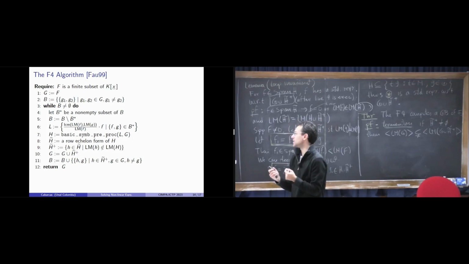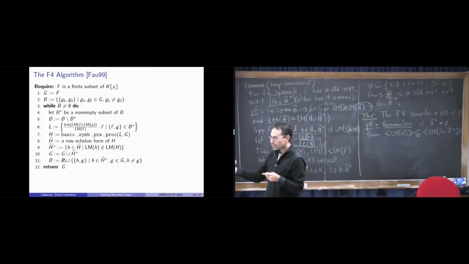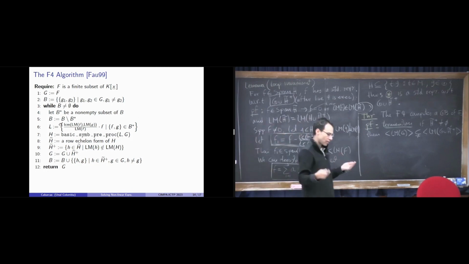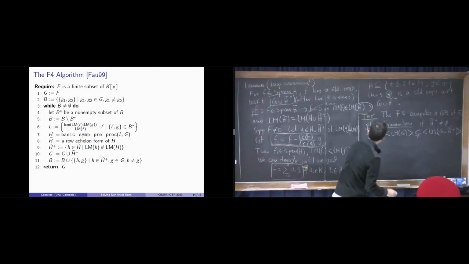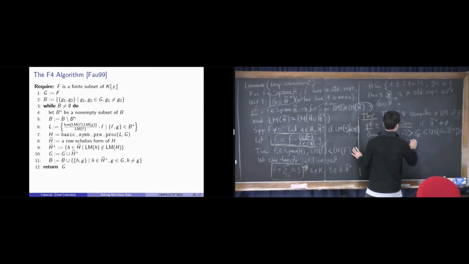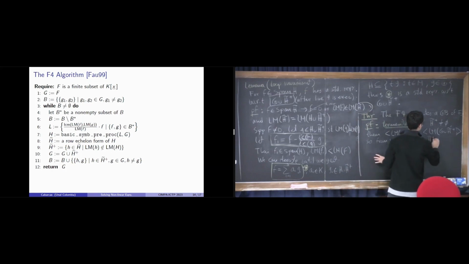H tilde plus has to be empty at some point, and therefore G does not grow anymore, and then the set B is not going to grow either, and then you can eventually go through all the pairs. So from some point, H tilde plus must be empty, and the algorithm terminates.